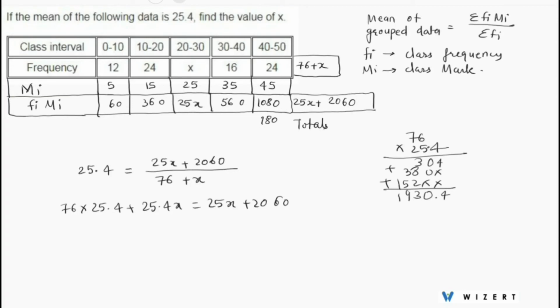Decimal point will be over here, so we get 1930.4 plus 25.4x equal to 25x plus 2060.